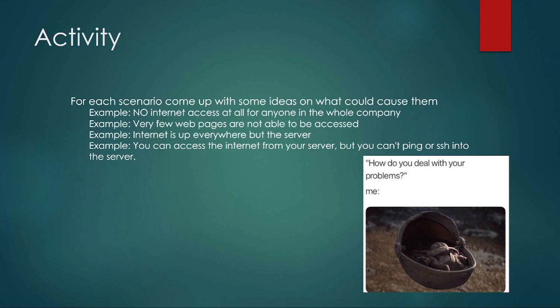You can access the internet from your server, but you can't ping or SSH into the server. Come up with some ideas or issues that might be happening. Refer back to some of the other slides and articles that I've given and try to really think about what some scenarios are for why you could be coming up with these errors. What could possibly cause these problems?